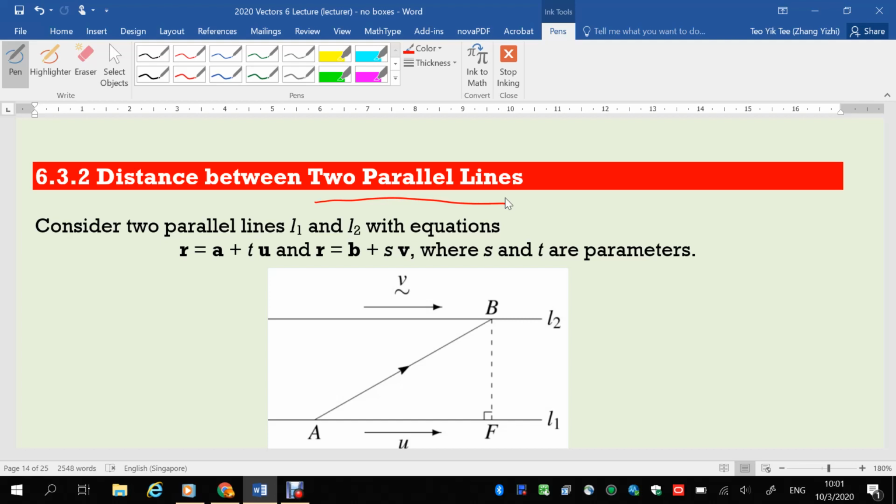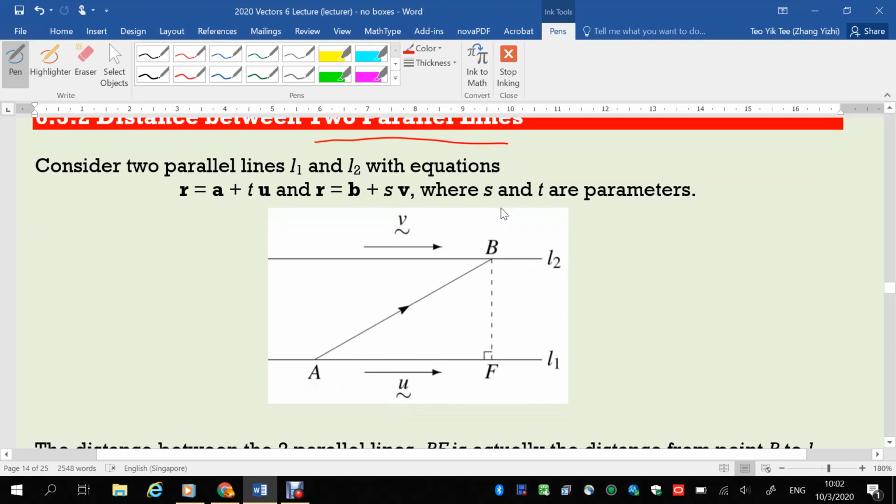So as far as your syllabus is concerned, please remember, if I ask you to find the distance between 2 lines, the lines must be parallel.